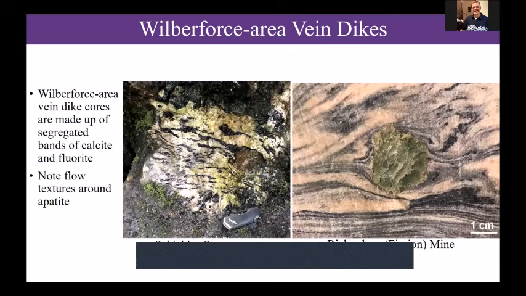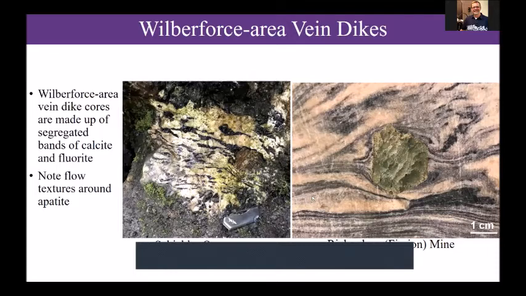So why do we want to look at Wilberforce area vein dikes specifically? That's because Wilberforce area vein dikes, the cores of these structures are made up of segregated bands of calcite and fluorite. Now, it's not super unusual for vein dikes to have the presence of fluorite, but the sheer volume of fluorite in the Wilberforce area in these vein dikes is absolutely crazy and exceptional.